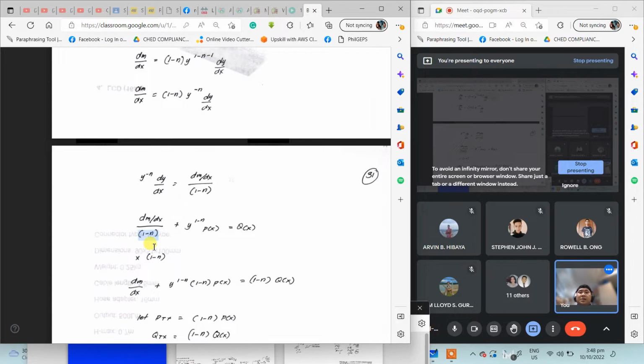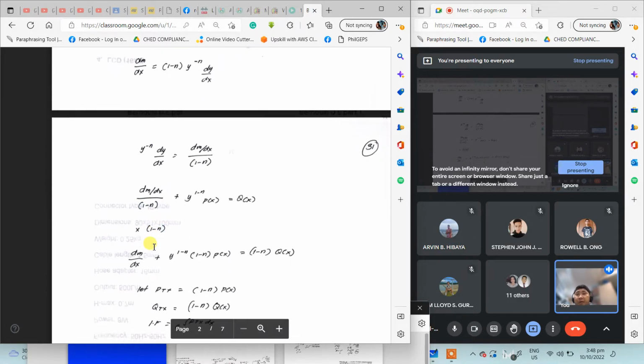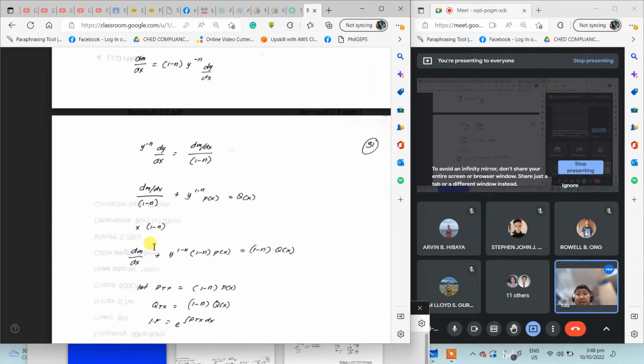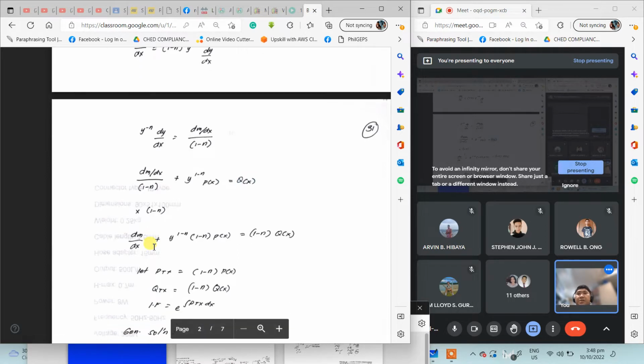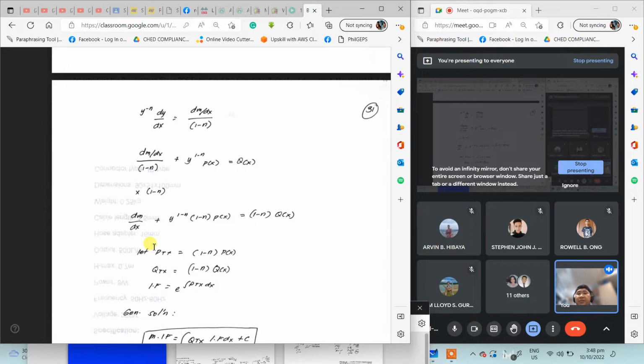So you multiply it with the same constant to eliminate it, so what remains is dm over dx. Obviously, this one and also the q should be multiplied. After multiplying, it separates, and it becomes just dm over dx.